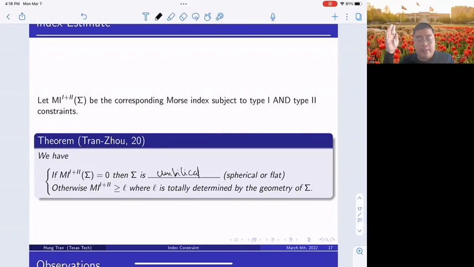So as I said earlier, the index theory is a very, very popular topic in geometric analysis. So there are numerous lower bounds for the index of certain operators associated with some optimization problem. However, many of these indices are actually determined by the topology of the hypersurface.